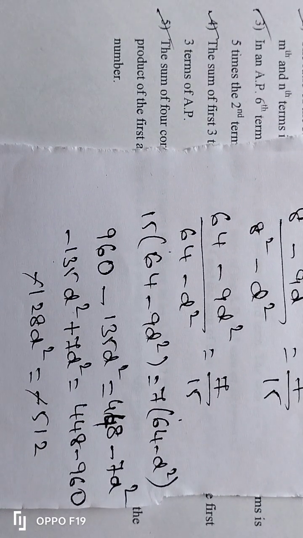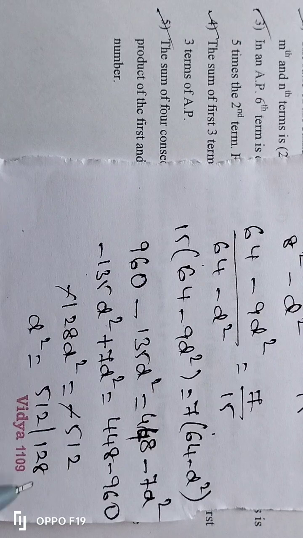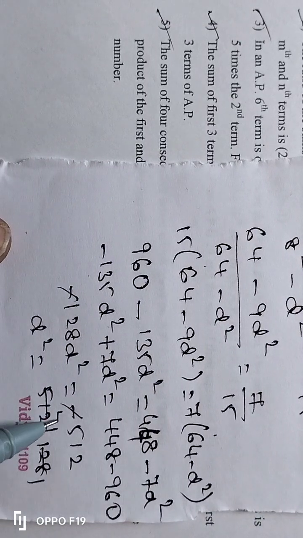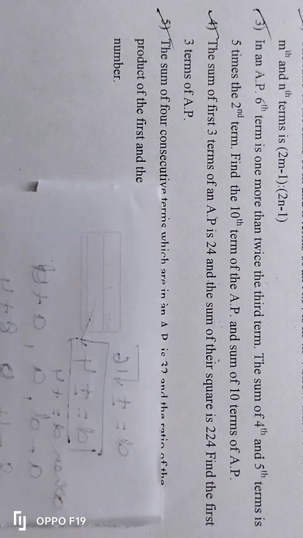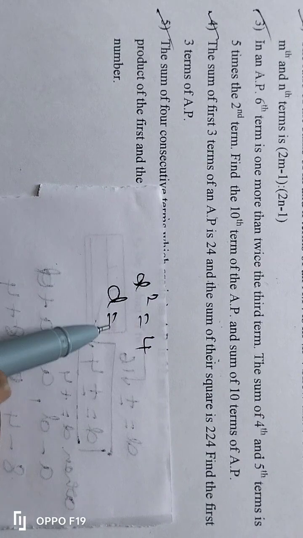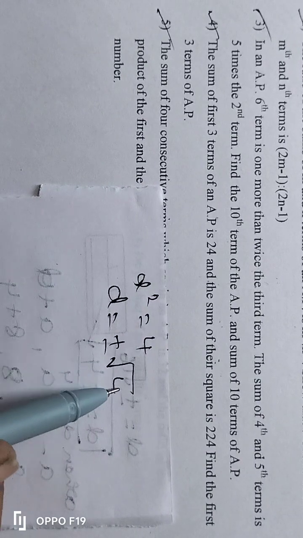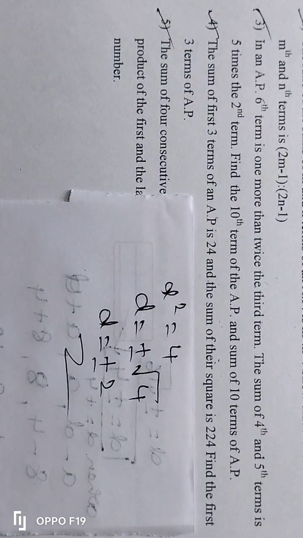Minus minus cancel. So d square is equal to 512 divided by 128, which is 4. So d square is equal to 4. d is equal to plus or minus square root of 4. d is equal to plus or minus 2.